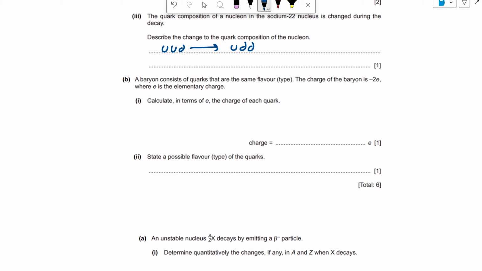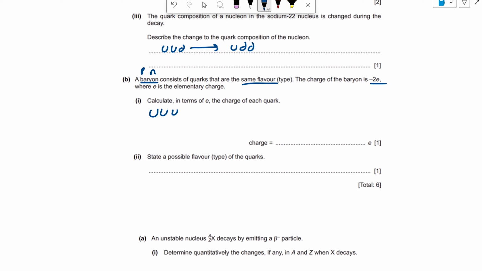Great. So now we need to calculate the charge in terms of e of an antibaryon. Remember, a baryon is either a proton or a neutron. So we usually do this approach.